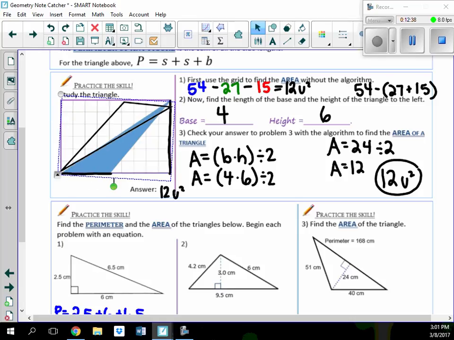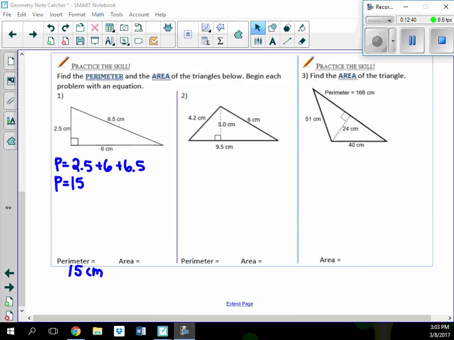Fill in the middle. All right, so for number 1, if we're going to do the area of this, we're going to say base times height divided by 2. So we have a base of 6 times a height of 2.5, and then we'll divide that by 2.